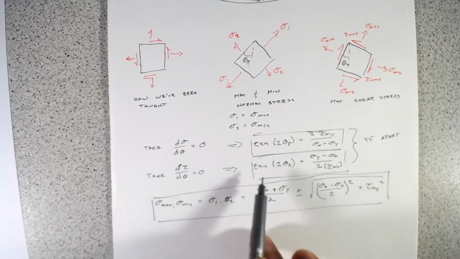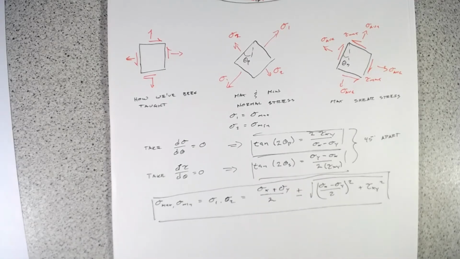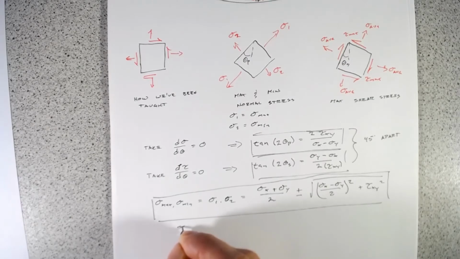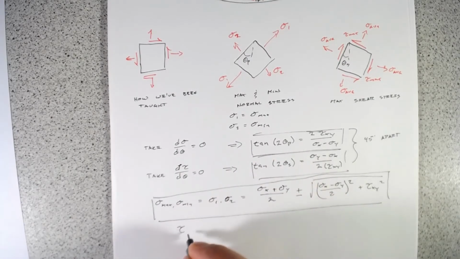And then if we do the same thing where we plug this angle into our shear stress equation, oh, and we also find out that if we put theta p in, tau of theta p equals 0.